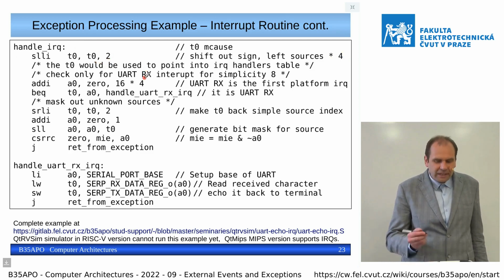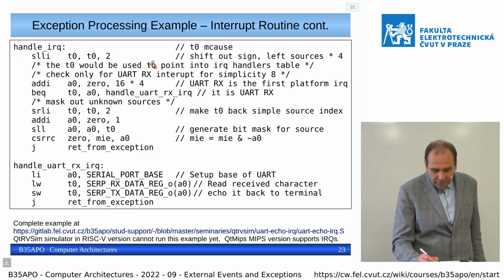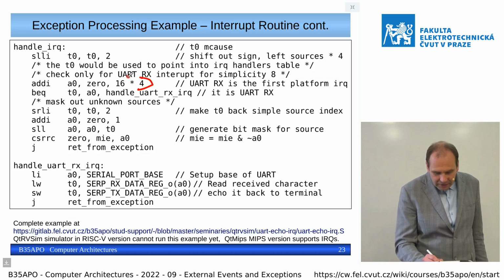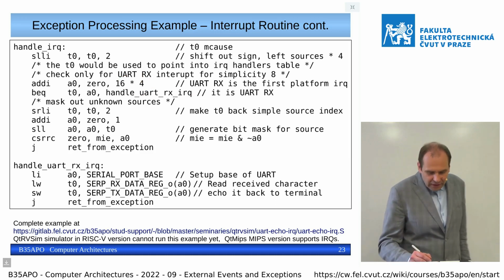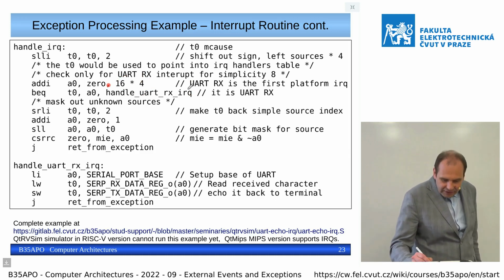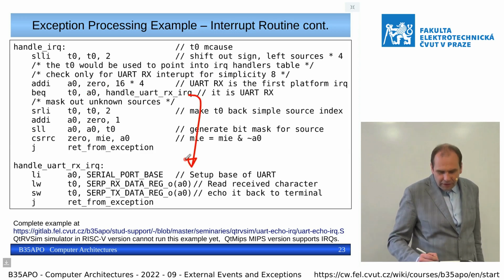I do not have the real table there, but I only compare it with 16 multiplied by 4 to check if it is actually our character receive interrupt. If it is, then we go to the actual echo processing.